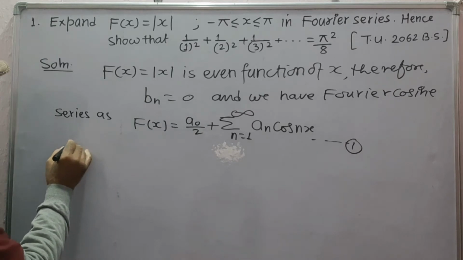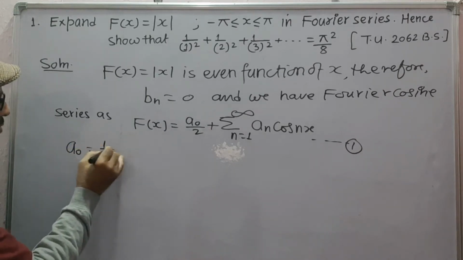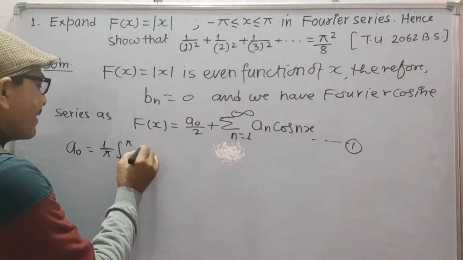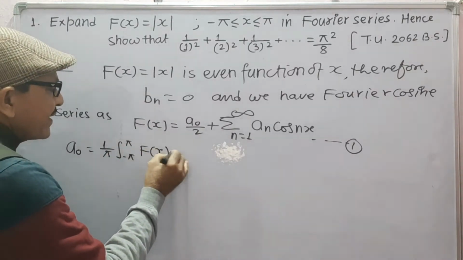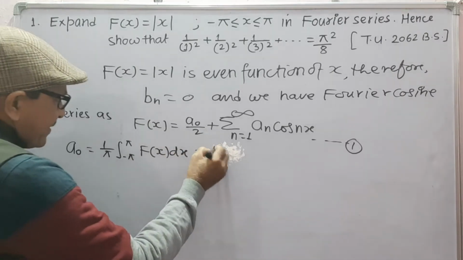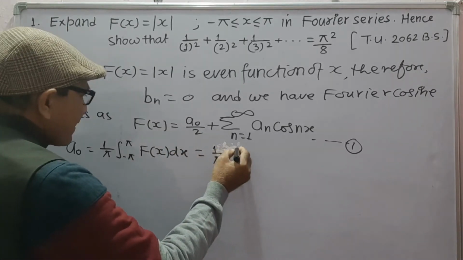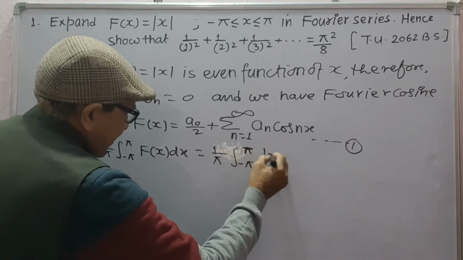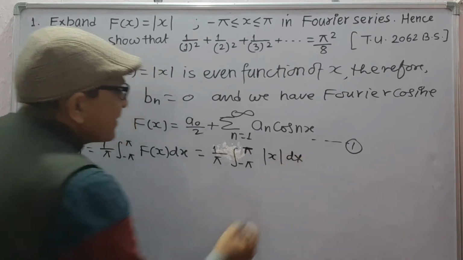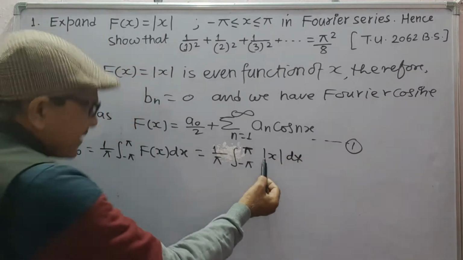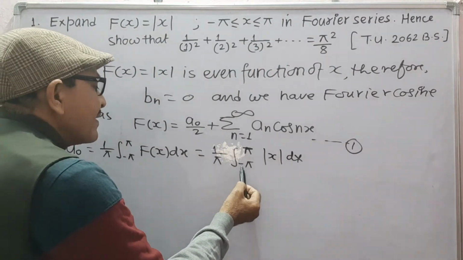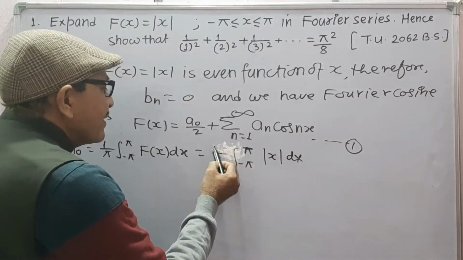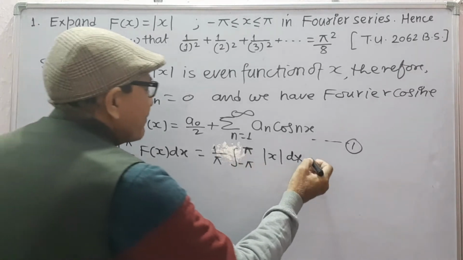Now a0 is 1/pi integral from minus pi to pi f(x) dx, that is 1/pi integral from minus pi to pi |x| dx. Because this is even, we can write the limit from 0 to pi by multiplying by 2.